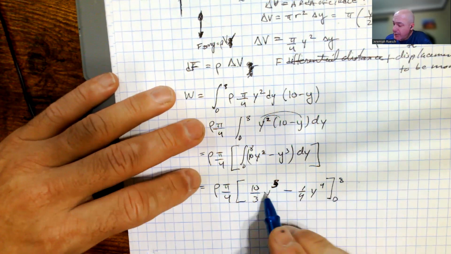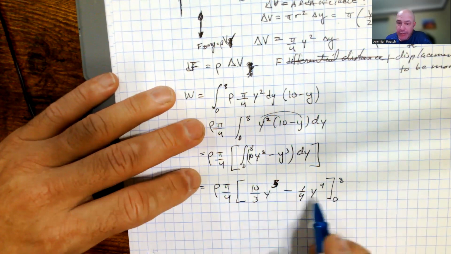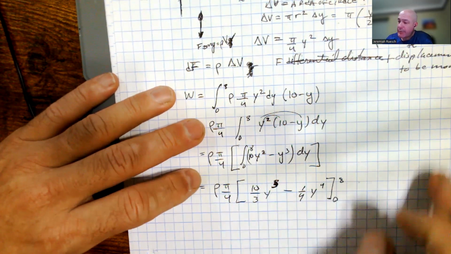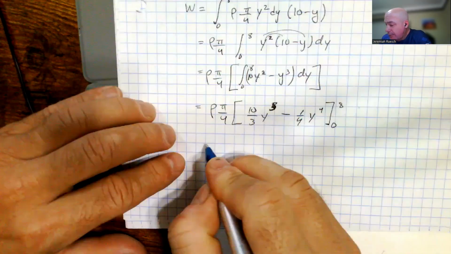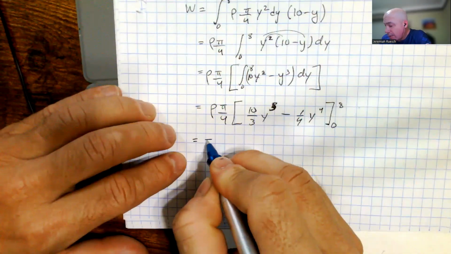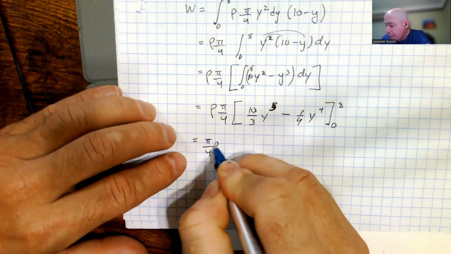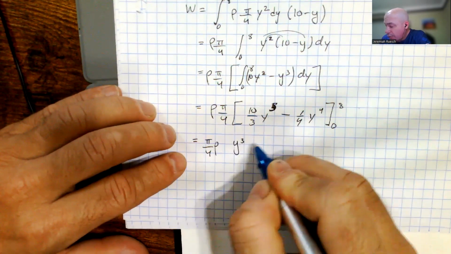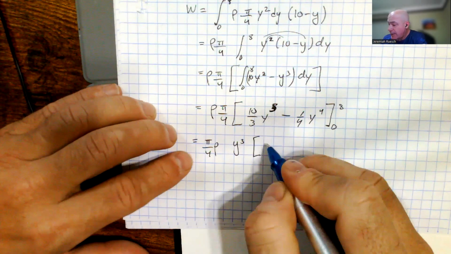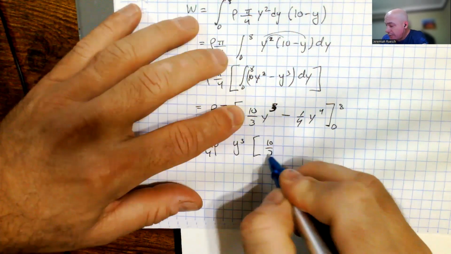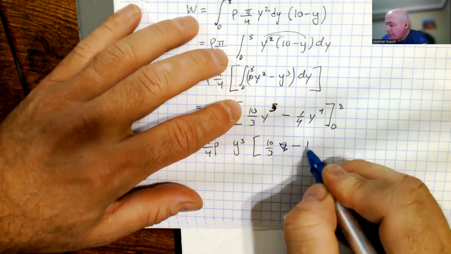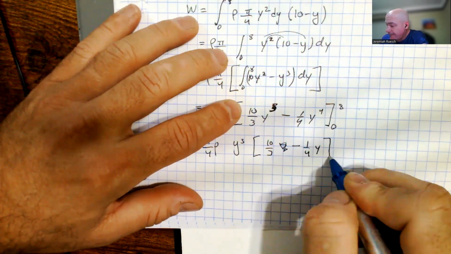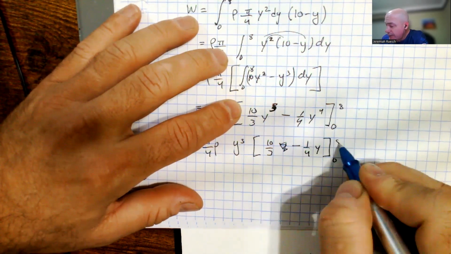I also notice that I have a y to the third in both of these. So for plugging in purposes, just to make it a little bit simpler, I'm going to pull this out as pi over 4 rho y cubed times 10 thirds minus 1/4 y, from 0 to 8.